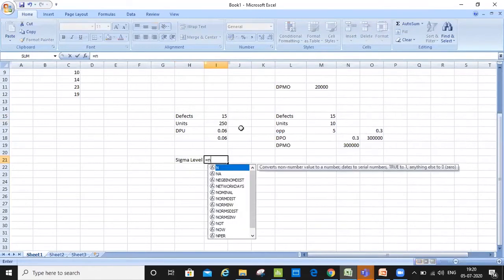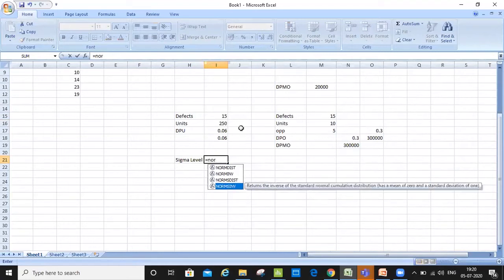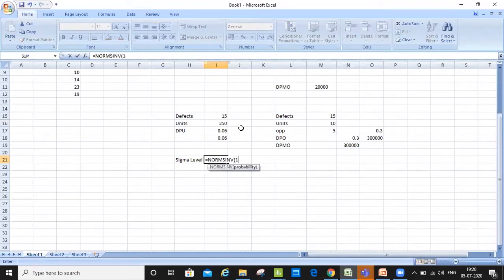There is a formula called NORMSINV, you can see here the last one on the list. 1 minus defects divided by total units, plus 1.5. So in this case, your current sigma level is 3.05, where we say that this process is currently performing at 3.05 sigma level.